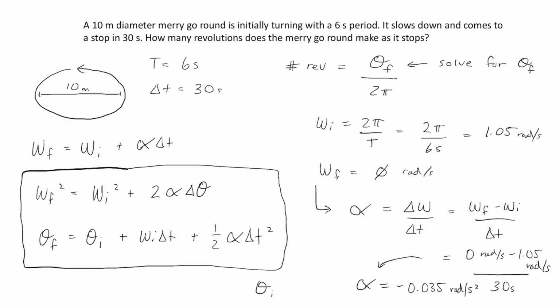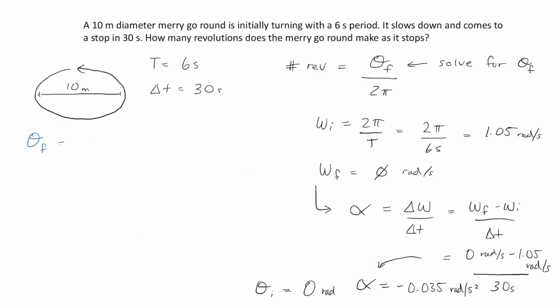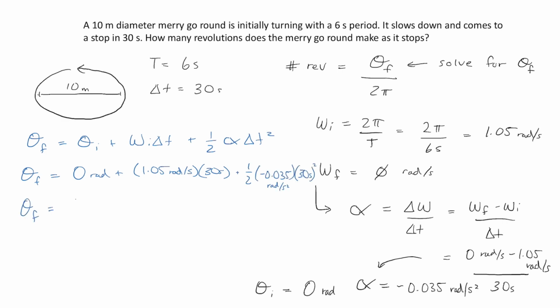And finally, we can assume that the initial angular position is 0 radians. And with that, we have everything we need to solve for the final angular position. I'm going to use this equation because it's already isolated for the final angular position. So all I have to do is plug in my values and solve for the final angular position. And what we find is the final angular position is equal to 15.75 radians.